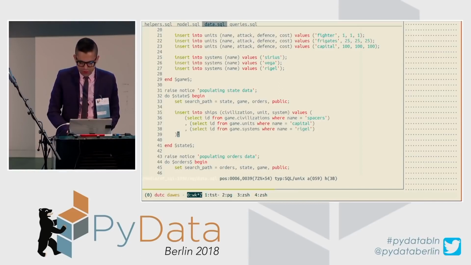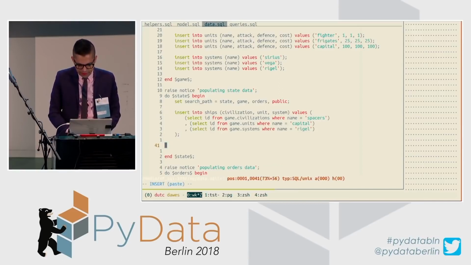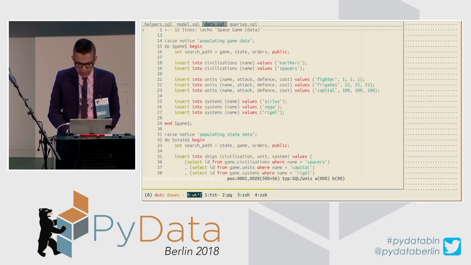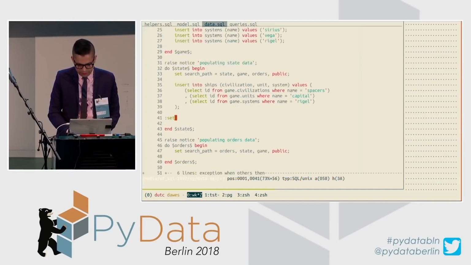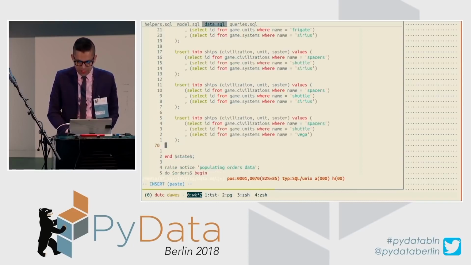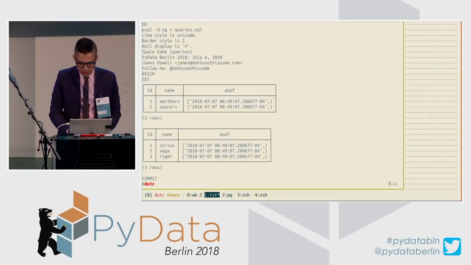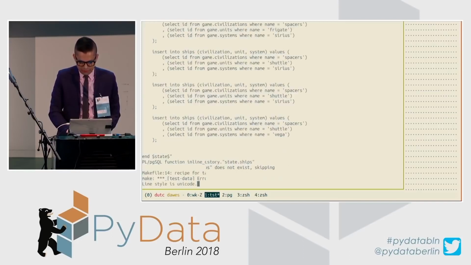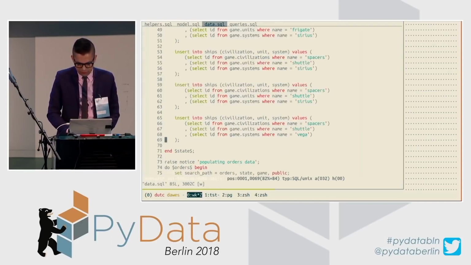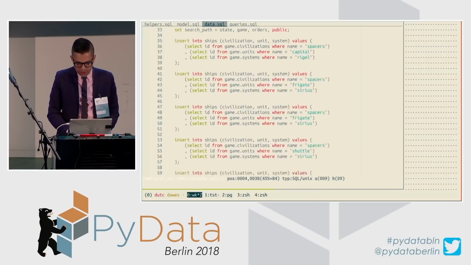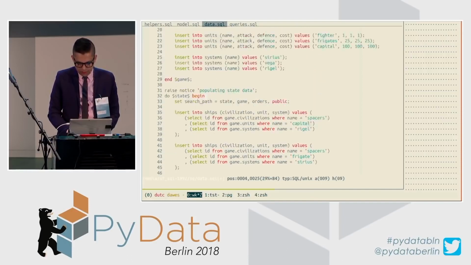Boy, those dirty spacers, blowing up my cut and paste. Let's see if my cut and paste works. Ah, there we go. So we added a bunch more ships. Thank goodness for cut and paste. And let me just make sure I pasted that right.